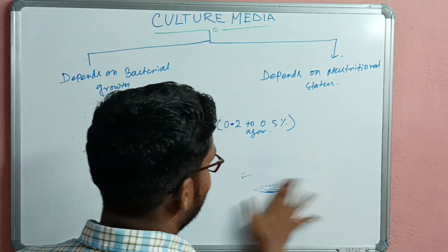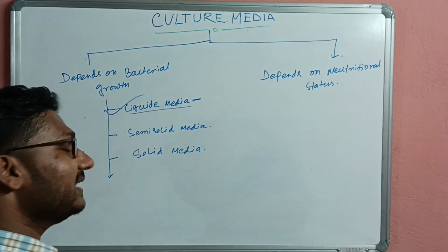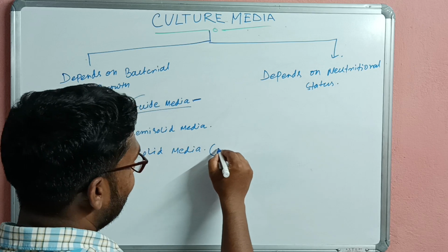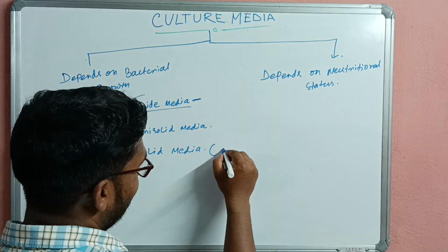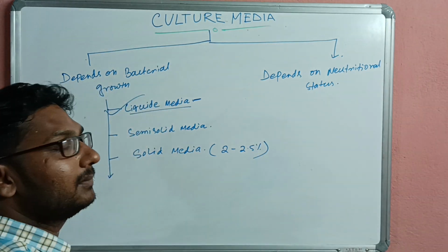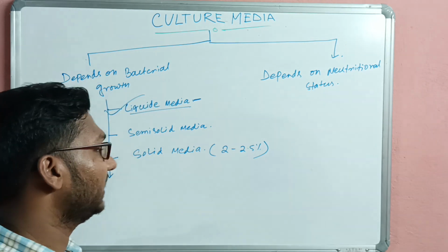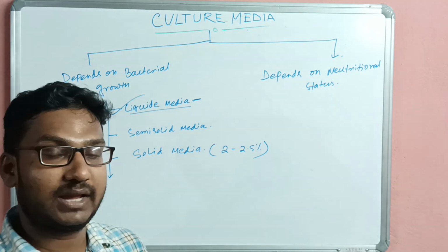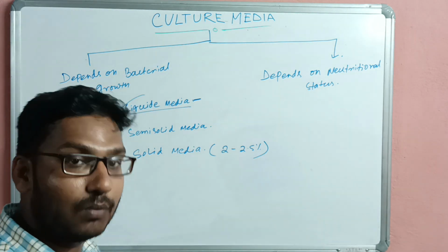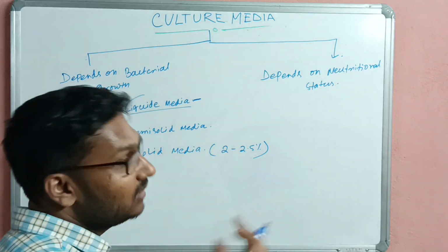Now we come to solid media. Solid media means the concentration of agar is more than 2 to 2.5%. A minimum of 2 to 2.5% agar must be present, because in that media the bacteria grow properly and form proper colony morphology.